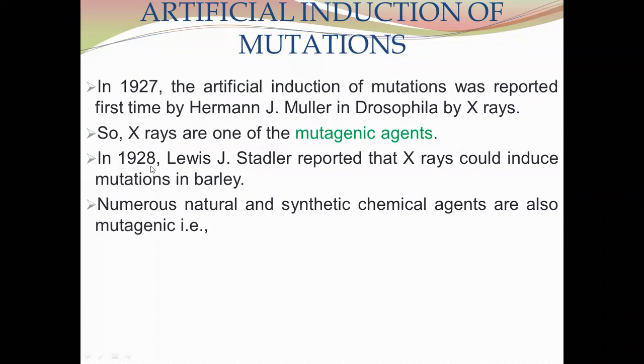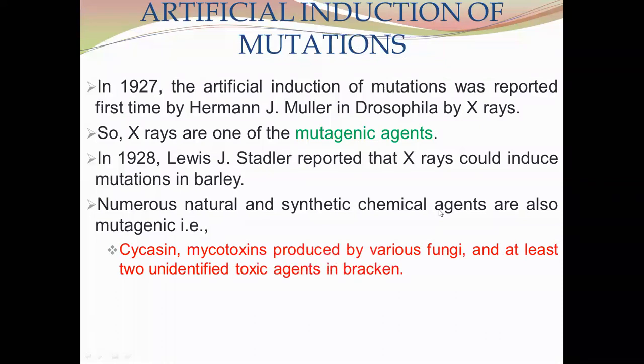Numerous other natural and synthetic chemical agents are also mutagenic. Some of the natural mutagenic agents are cycasin from the cycas plant and mycotoxin produced by various fungi, and at least two unidentified toxic agents are reported to be mutagenic.